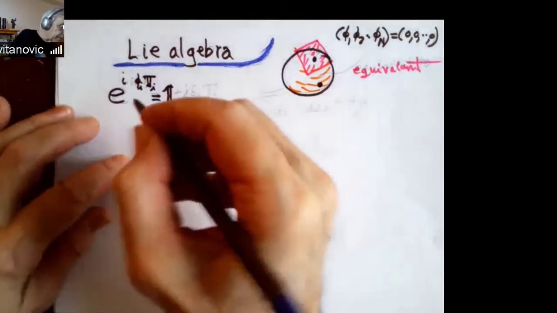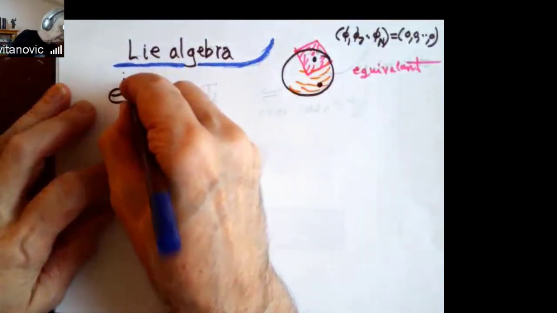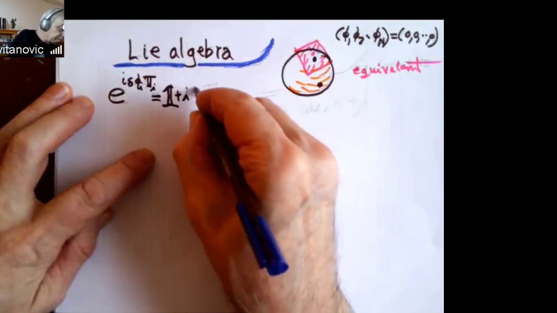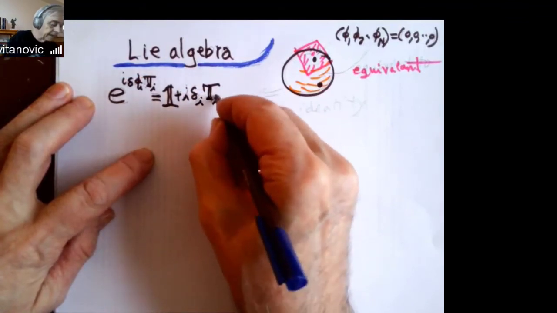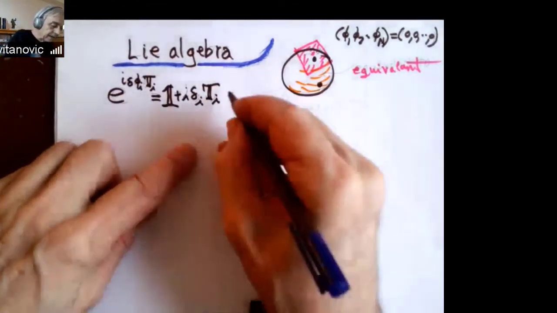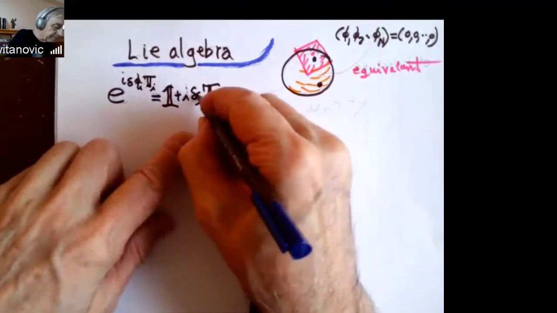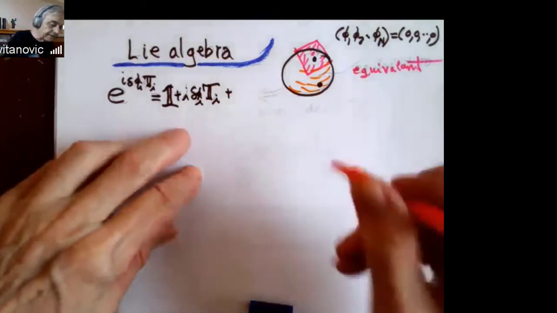And what's a neighborhood? I'll take these phi's to be very small, called delta phi's. And then when I expand the series as a Taylor series, I'll keep only one or two terms in these angles to describe the neighborhood which is near identity.